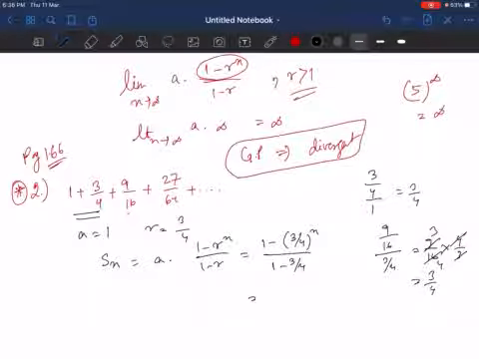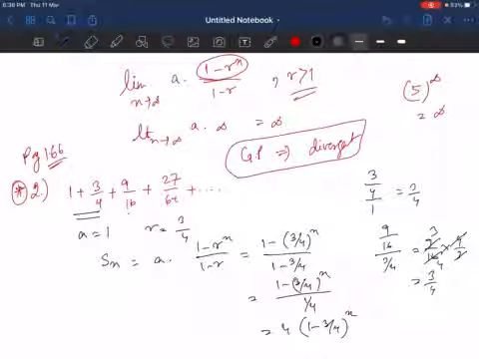Basically this is coming out to be 1 minus 3 by 4 whole to the power n divided by 1 by 4. So 4 goes up, and it becomes 4 into 1 minus 3 by 4 whole to the power n. This is what we have, right? So this is my Sn.